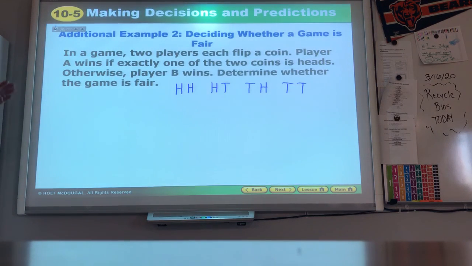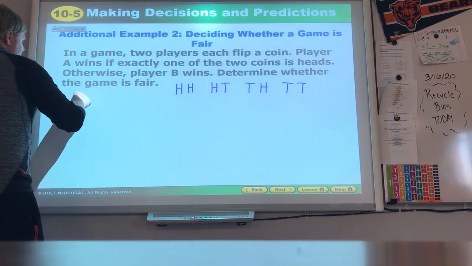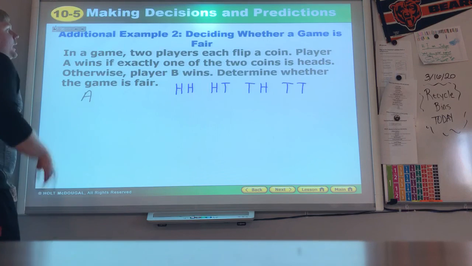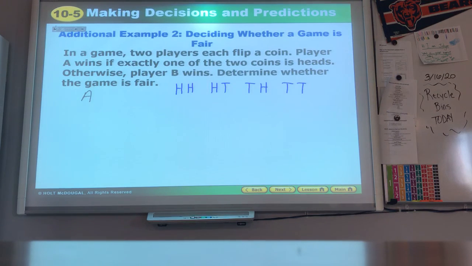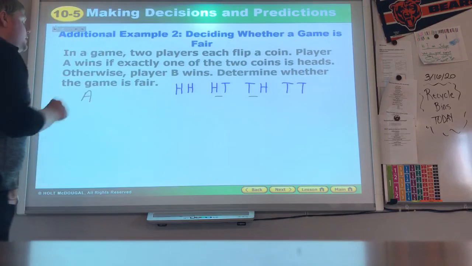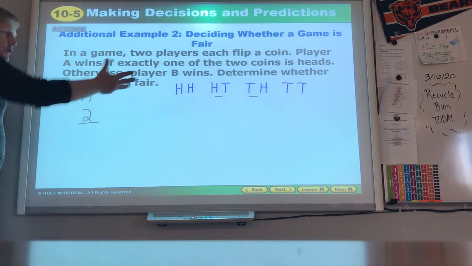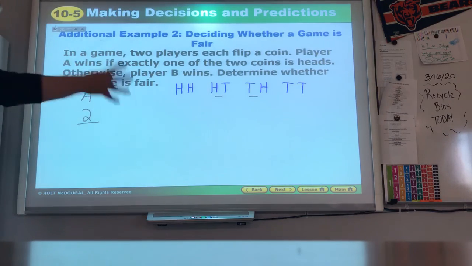Now we have to decide if the game is fair. Well, player A wins if exactly one of the 2 coins is heads. How many situations where we have one of the 2 coins being heads? 1, 2. All right, so there's 2 of our desired outcomes. How many total outcomes are there? Hopefully you see 4.